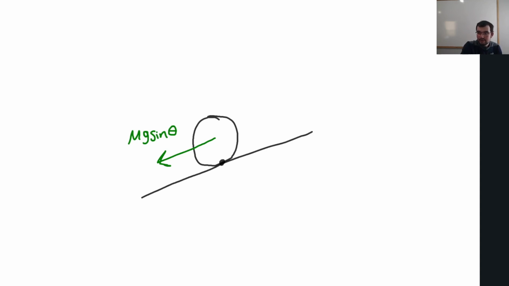We are given the fact that it's rolling without slipping, which is really important, because it means that the contact point with the ramp has 0 speed or velocity. The translational velocity and the rotational velocity at that point are a vector sum that cancels. So we're given the fact that this point is stationary.